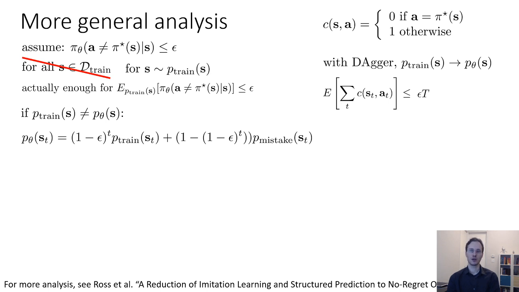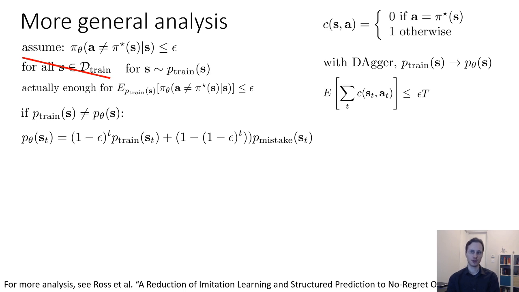The first term represents what happened if we haven't made a mistake at any previous time step, and the second term represents what happens if we did. So for the first term, what's the probability that we haven't made a mistake so far? Well, our probability of doing the right thing if we're in distribution is 1 minus epsilon.